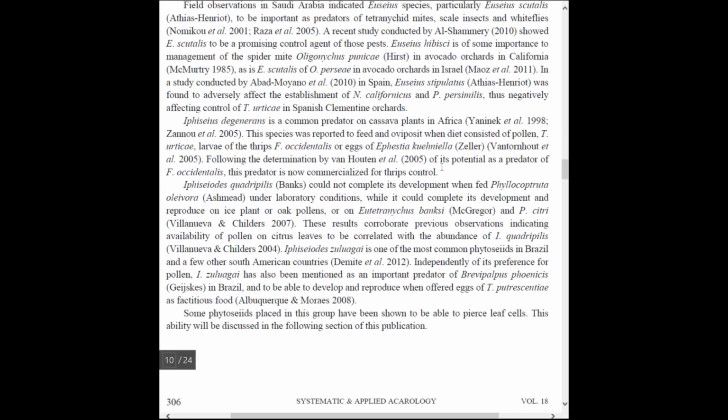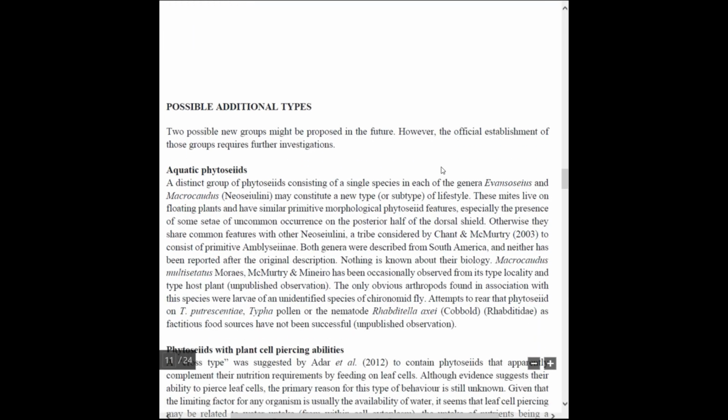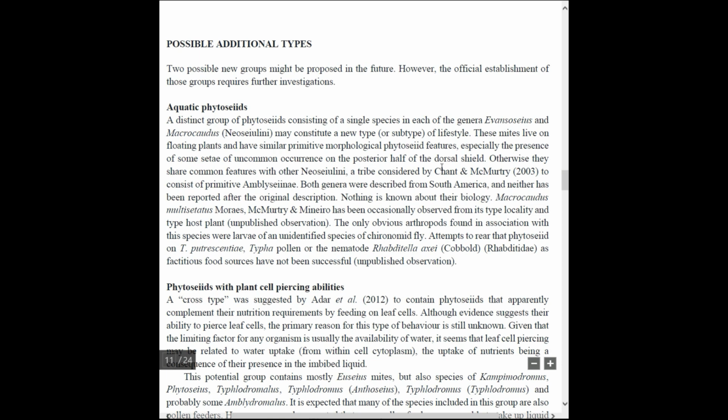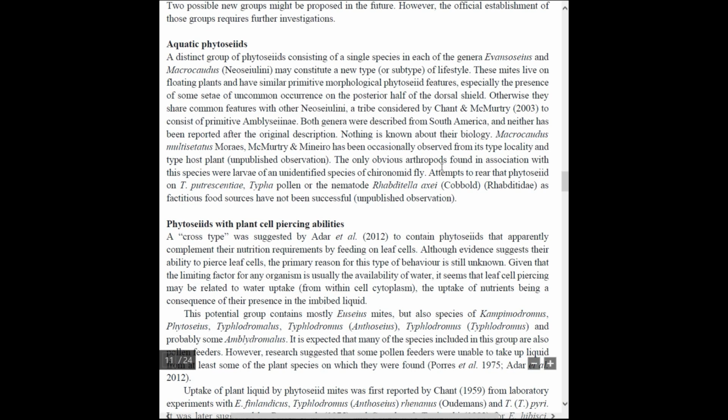Moving on from here, we have the possible additional types they mentioned in the introduction. They're not totally sure on these two groups, but I'll go over them anyways, because the latter of the two is sort of interesting to note. So we have aquatic phytoseiids.